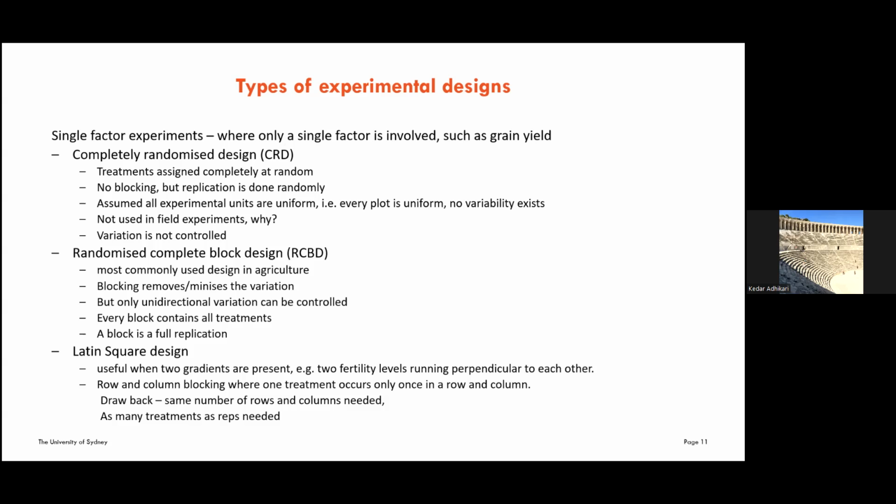So it will be a good experiment if you have very few treatments, say 5. You can have 5 treatments and 5 replications, 25 plots. That's doable. But if you have 20, then 20 times 20 is 400 plots, and you need a huge land for that.